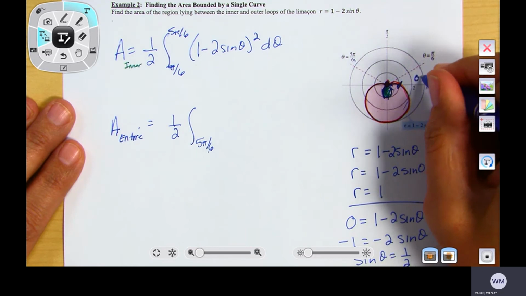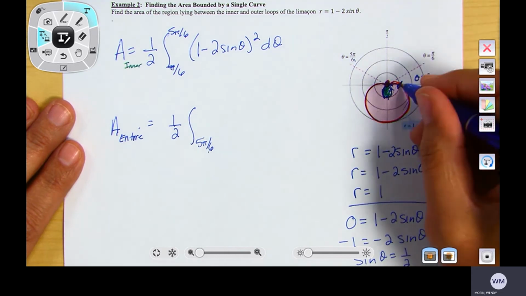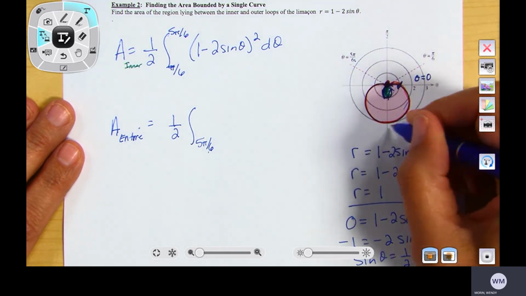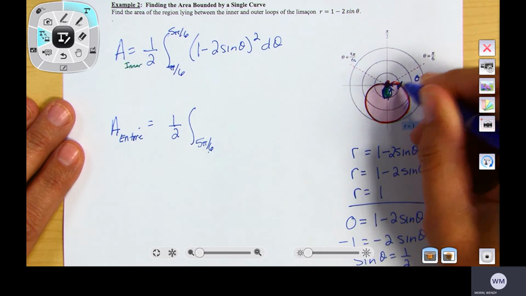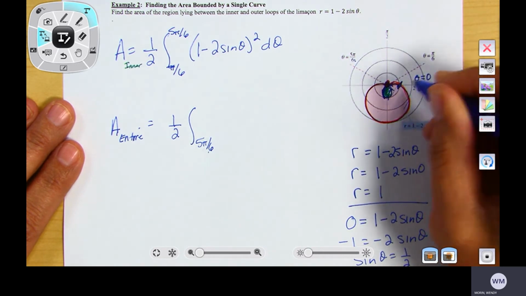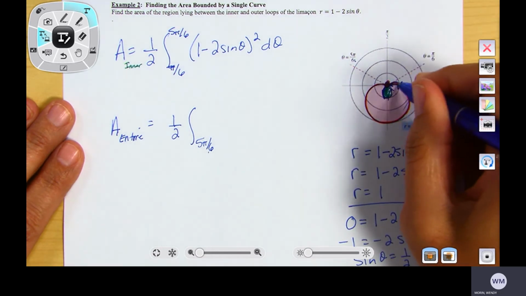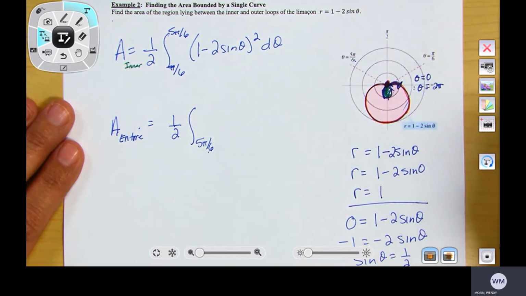That is theta equals 0 radians. Well, isn't that also, if I'm going all the way around, when I get to here, theta equals 2 pi radians? But I need to go a little bit more. And how much more do I need to go? I need to go another pi over 6.